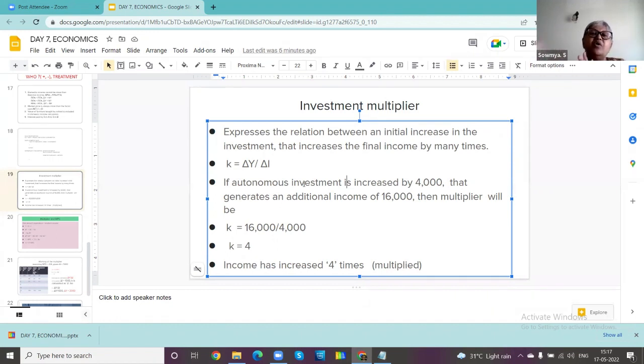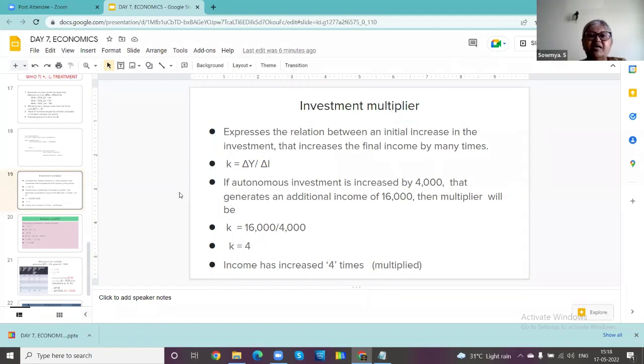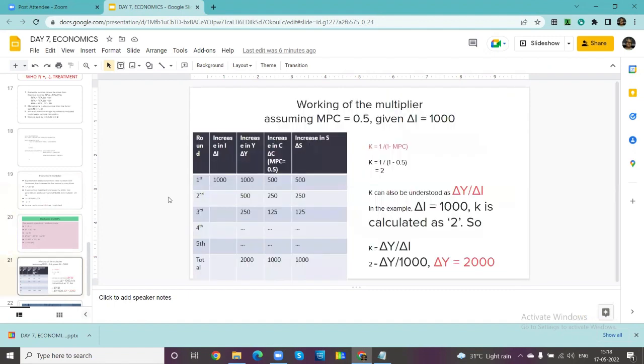When people get income, they spend it on consumption. That consumption expenditure multiplies many more times into many more rounds of income, which is the concept. The first basic detail they have to understand is K is delta Y by delta I. Then, as I was pointing out, we have to tell them it is a one-time investment undertaken by the government that will increase the income and the rest of the things many more times.